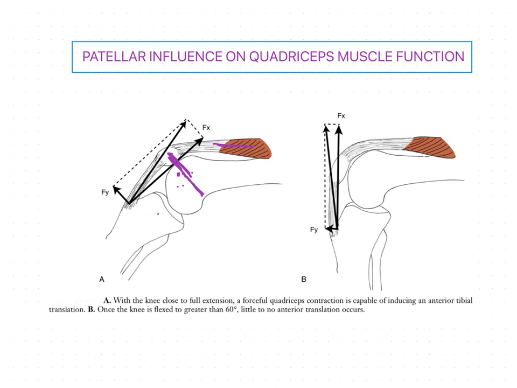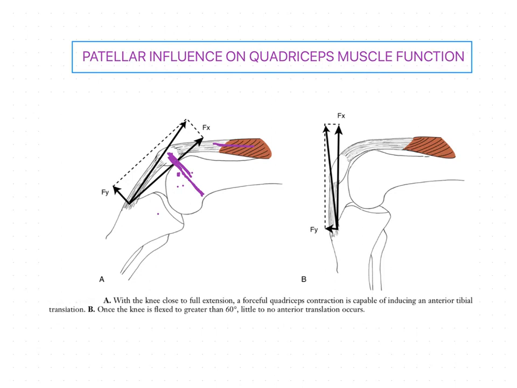Although the patella's effect on the quadriceps moment arm is diminished in the final stages of knee extension, the small improvement in joint torque provided by the patella may be the most important here.